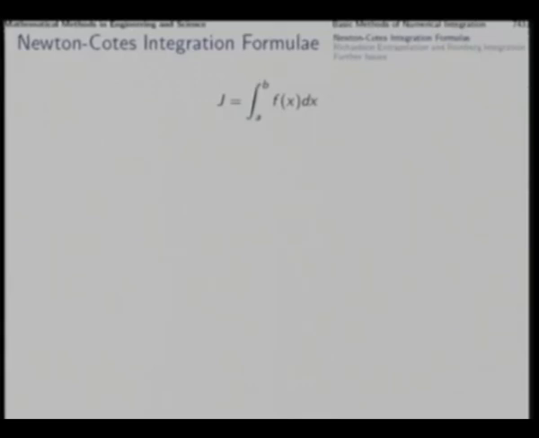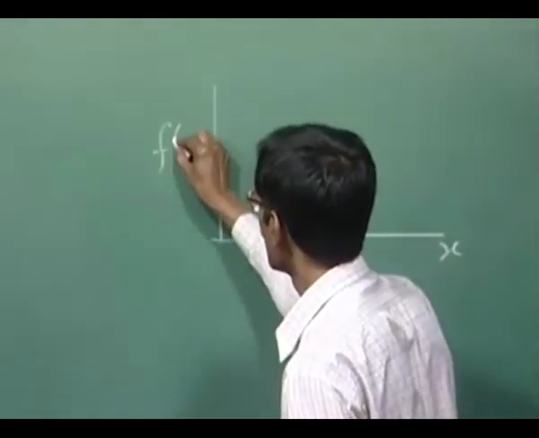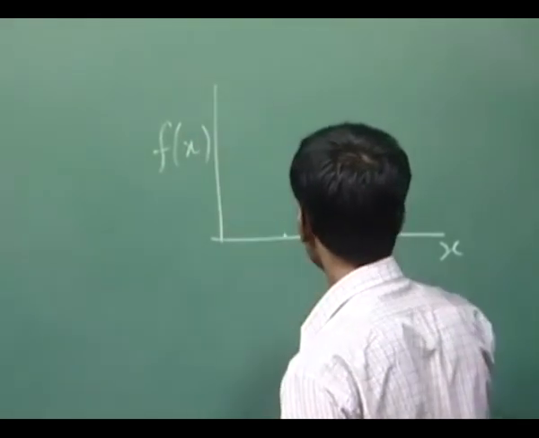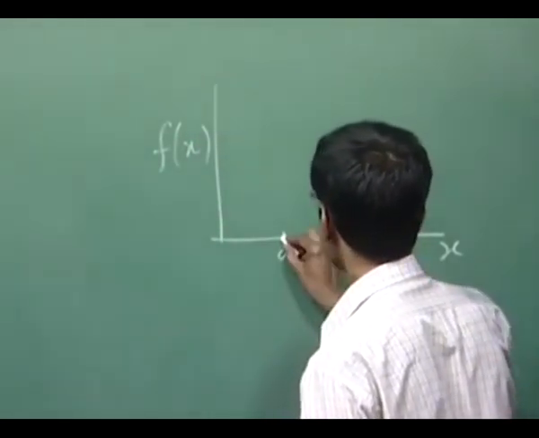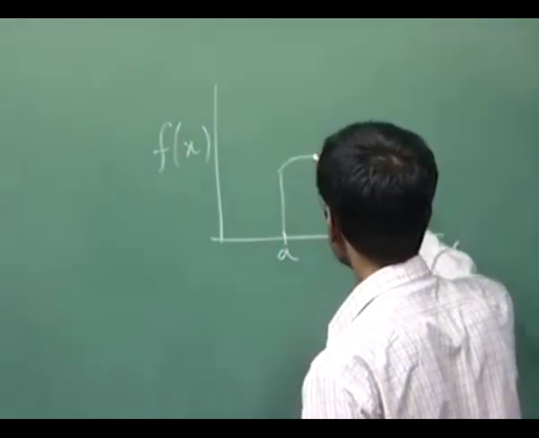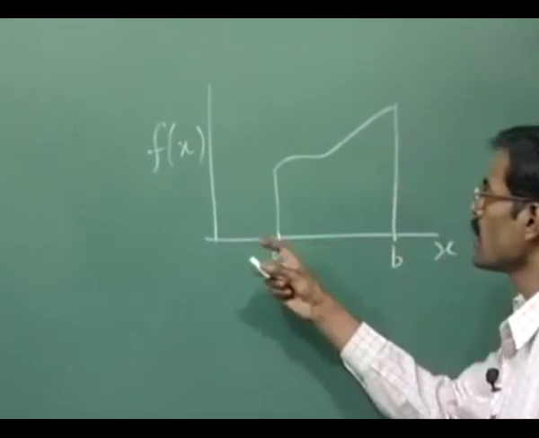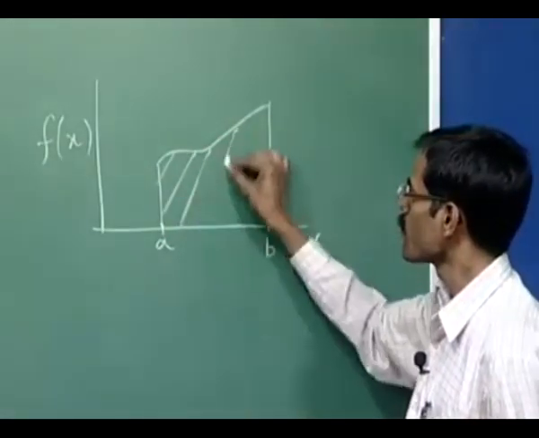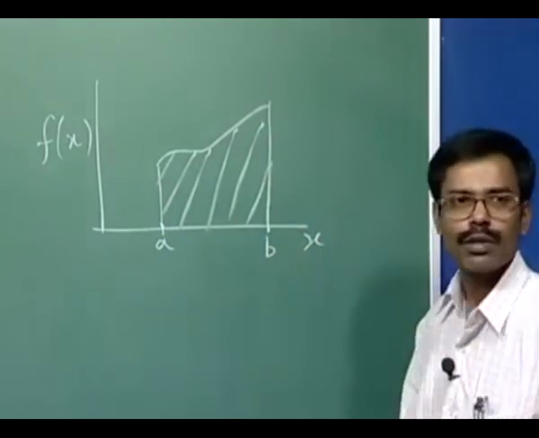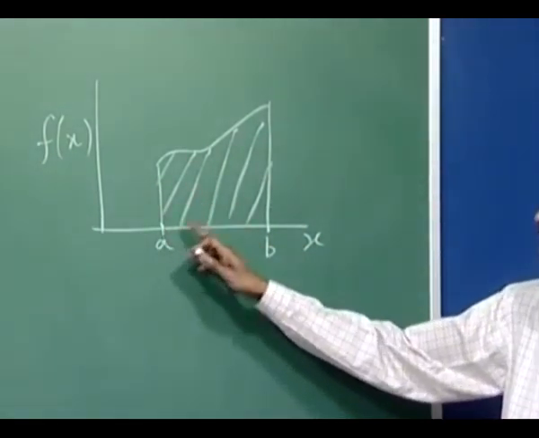Now, as you understand, if the function is like this, then the integral of f(x) from a to b is this area. So, we need to find out this area, or find out the integral of function f(x) from a to b.